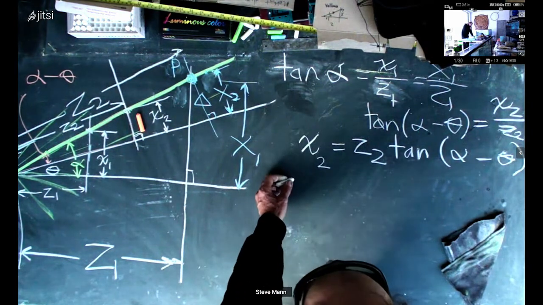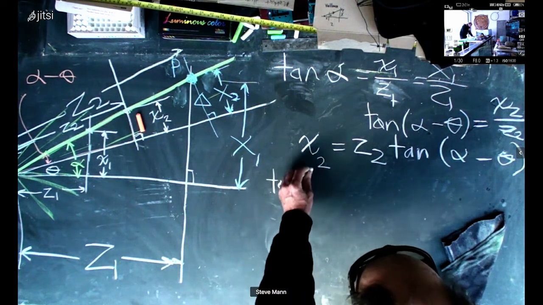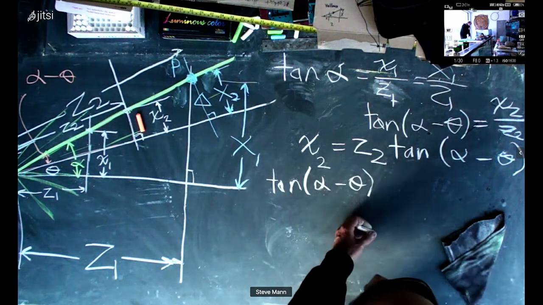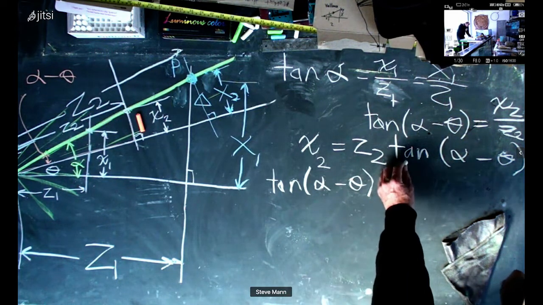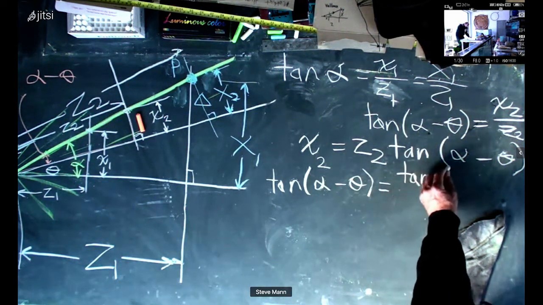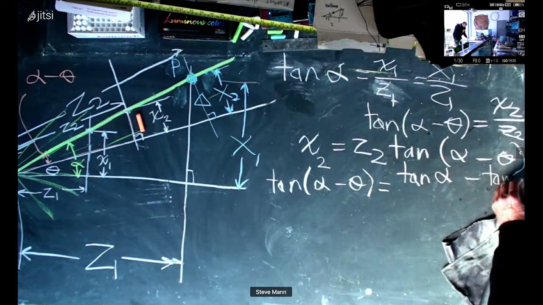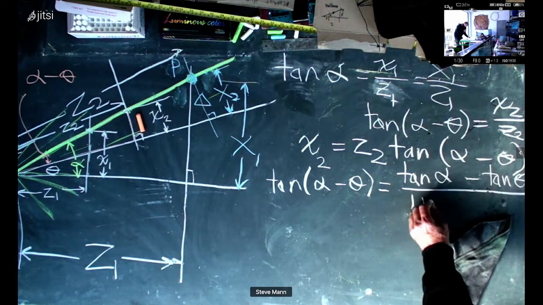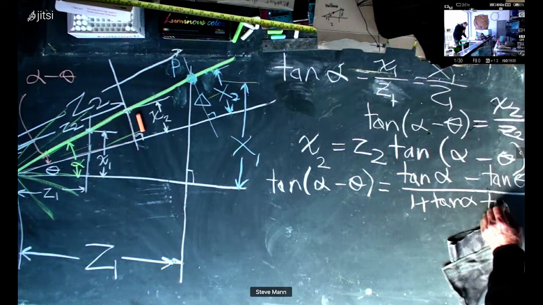And we know a well-known trigonometric identity is the tangent of the difference of two angles, such as theta minus alpha, or alpha minus theta, I mean, equals tan alpha minus tan theta over 1 plus tan alpha tan theta.